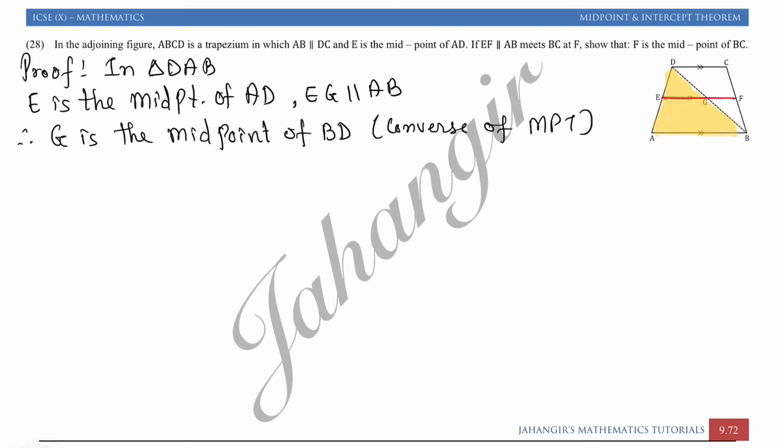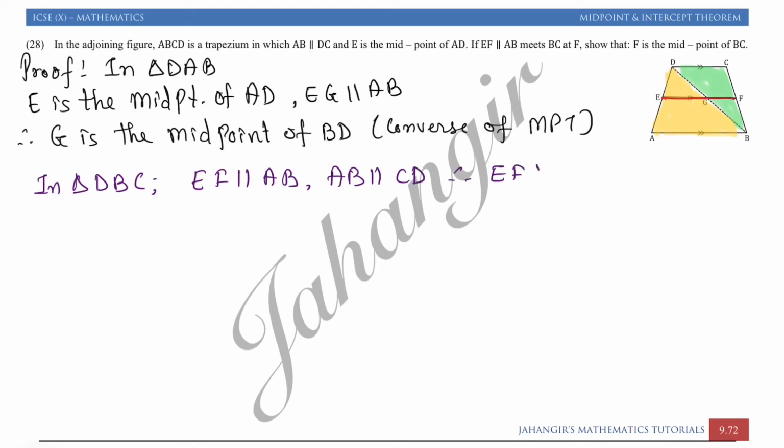Now second, we will take another triangle. We can take this triangle. In this, let us write some detail in triangle DBC. First we can say EF is parallel to AB. AB is parallel to CD. So therefore we can say EF is parallel to DC.